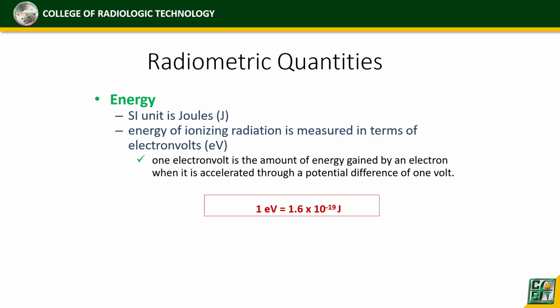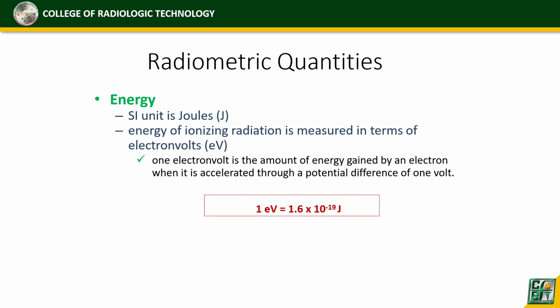So energy of ionizing radiation is measured in terms of electron volts. Diba? Lagi nating ginagamit yan sa ionizing radiation, electron volts. So 1 electron volt is equal to 1.6 times 10 to the negative 19 joules.